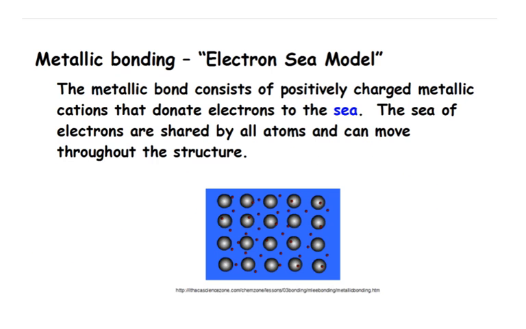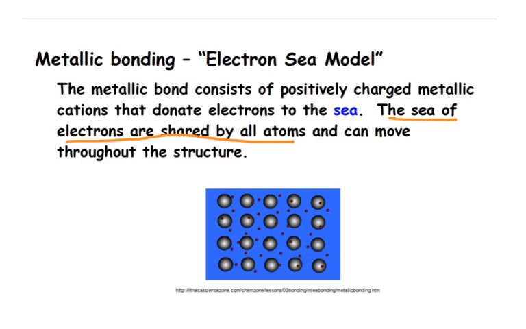First one is metallic bonding. This is called the electron sea model because all the different metals in a metallic bond share all of their valence electrons. So it's called a sea of electrons. This sea of electrons is shared by all the atoms and moves throughout the structure.